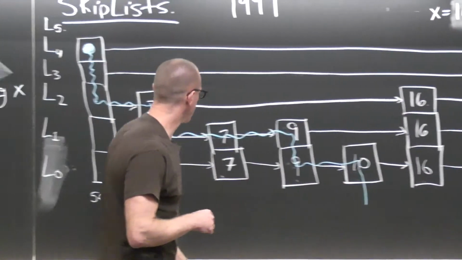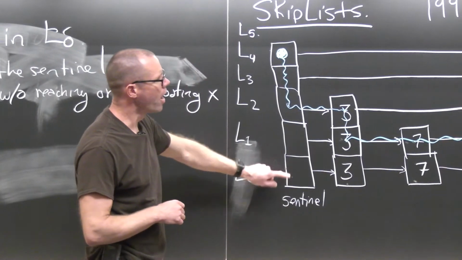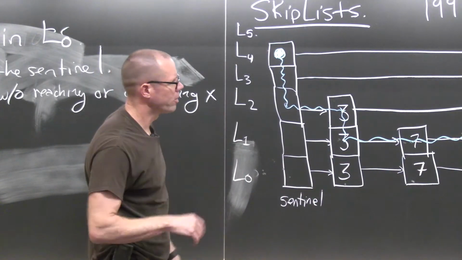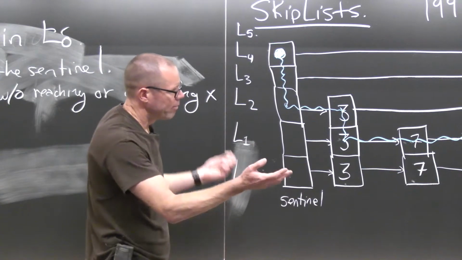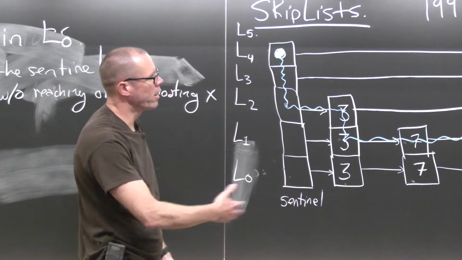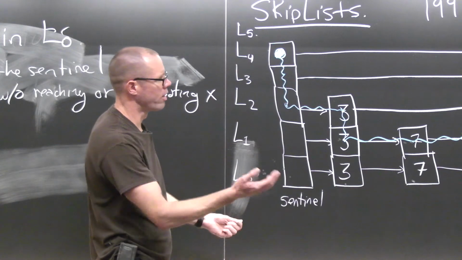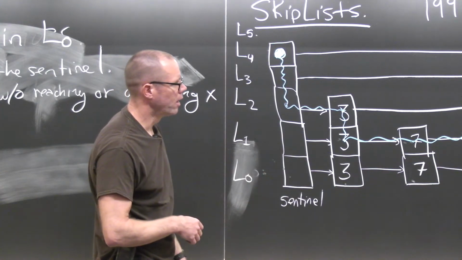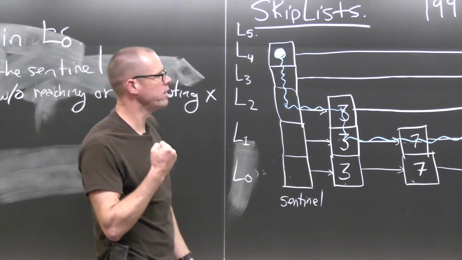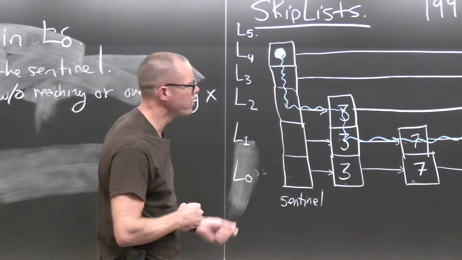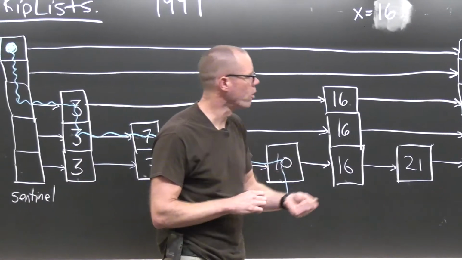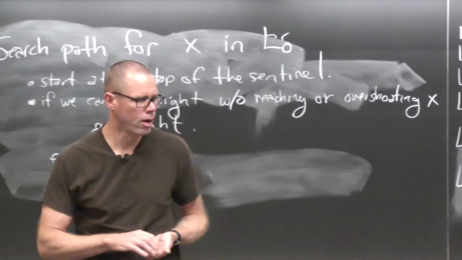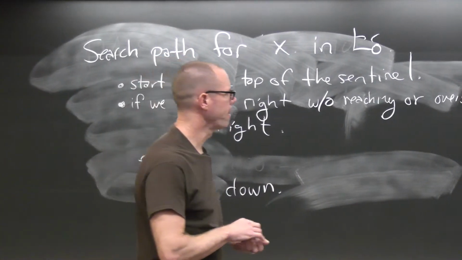So the length of the search path there is actually 9. And the log base 2 of 9, well, there's an O of 1, that's going to be bigger than the logarithm of n. So n is 9 in this case. Okay. So it's not something you can guarantee that happens all the time, because it's always possible that you got really unlucky with your coin tosses, but it's true on average.